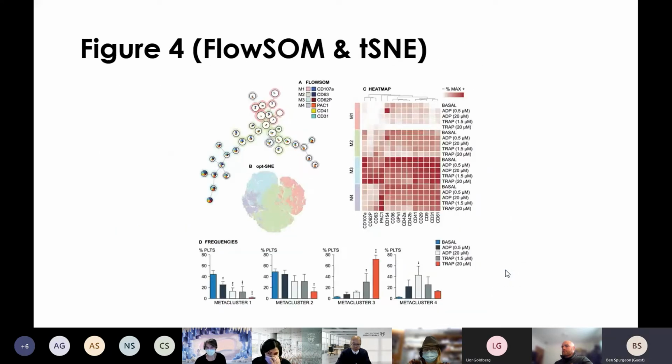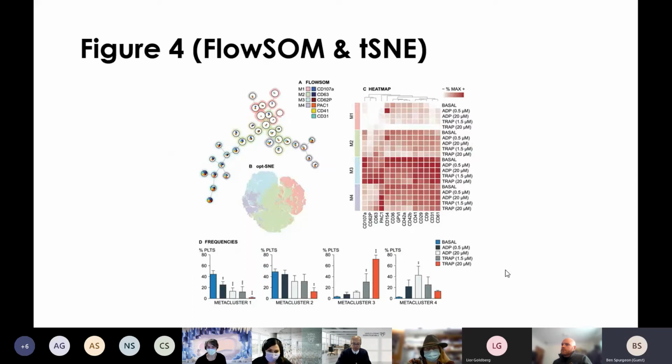And so, this was the final figure in the paper, and we wanted to wrap up just by demonstrating the application of clustering and dimension reduction to our platelet samples, and to illustrate the heterogeneity across different sample types.